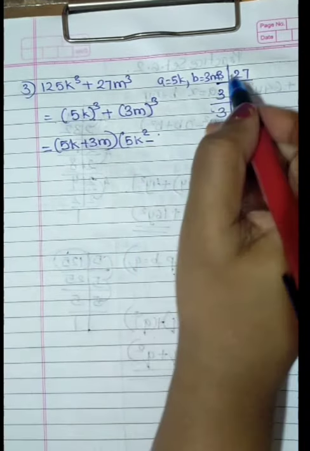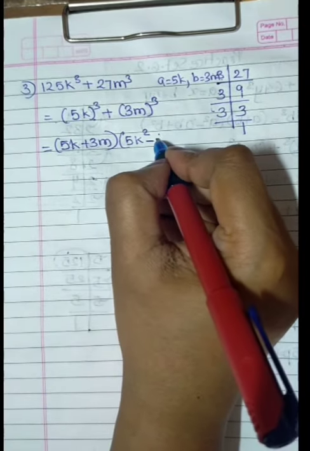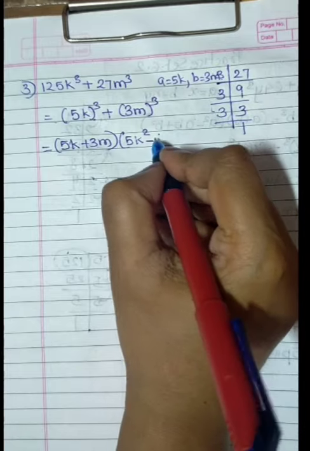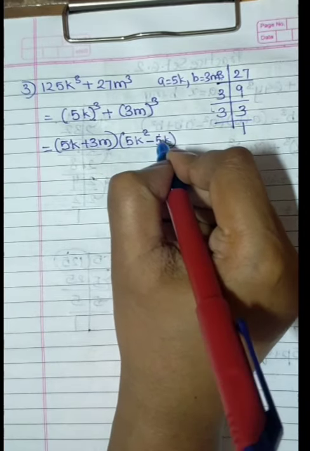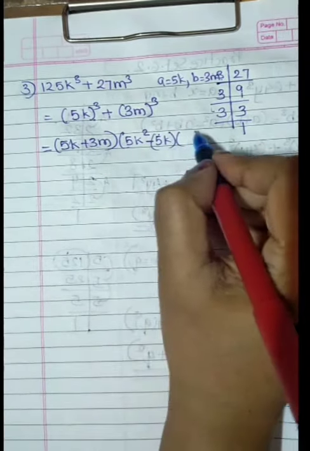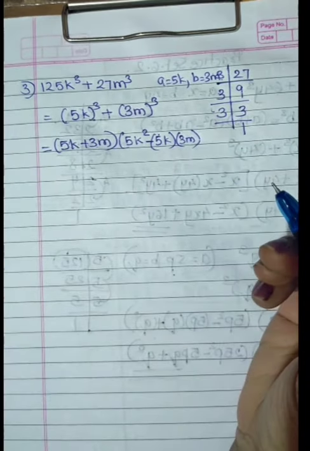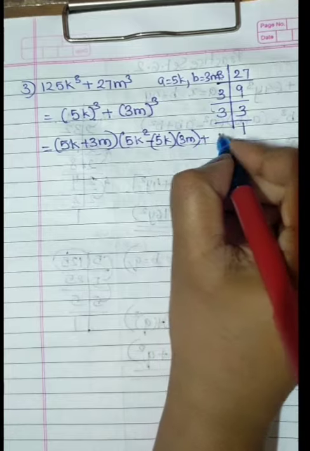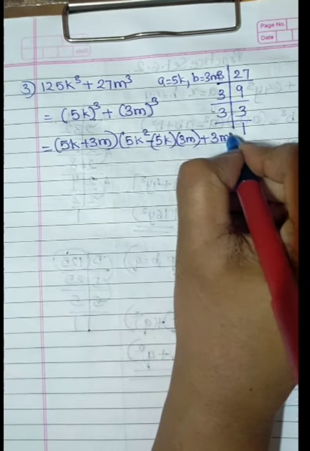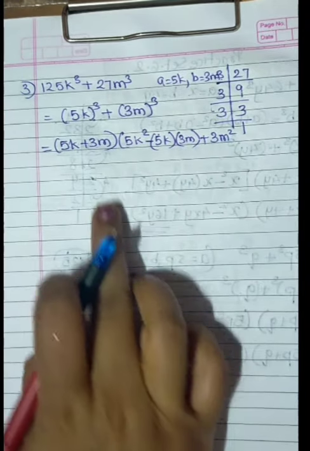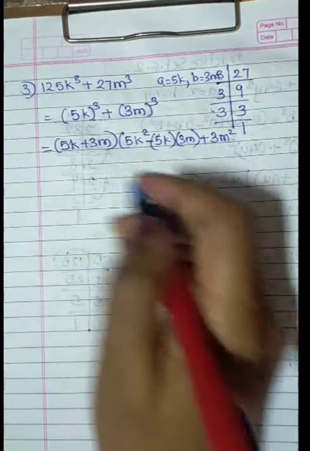Okay, so I am taking a into b, that means 5k into 3m. Okay, plus 3m square, we have taken.